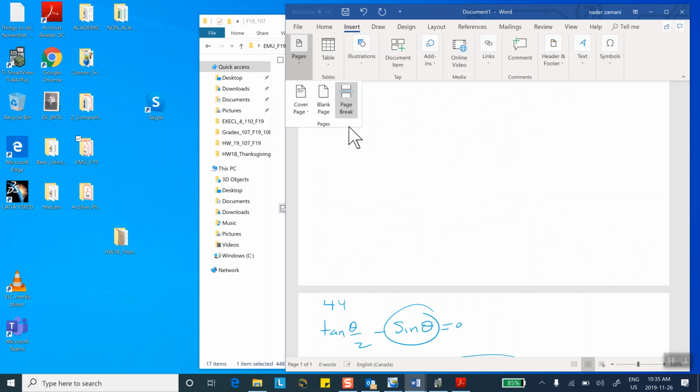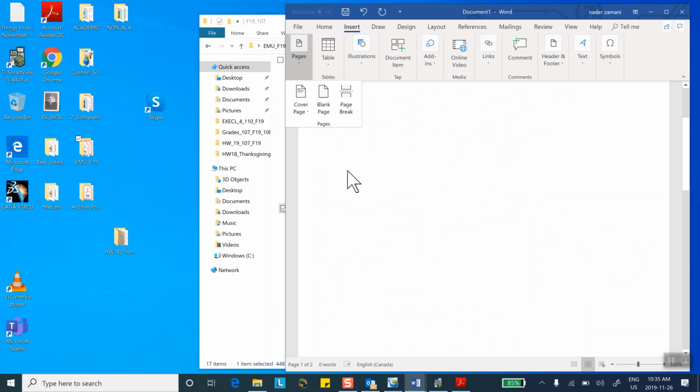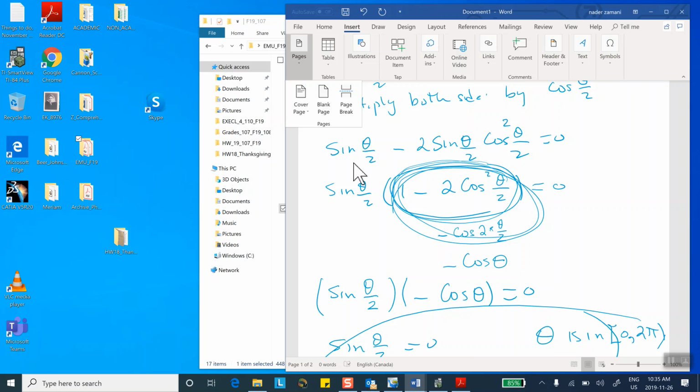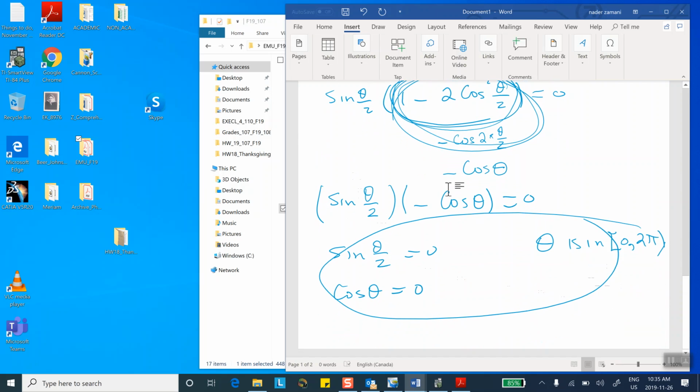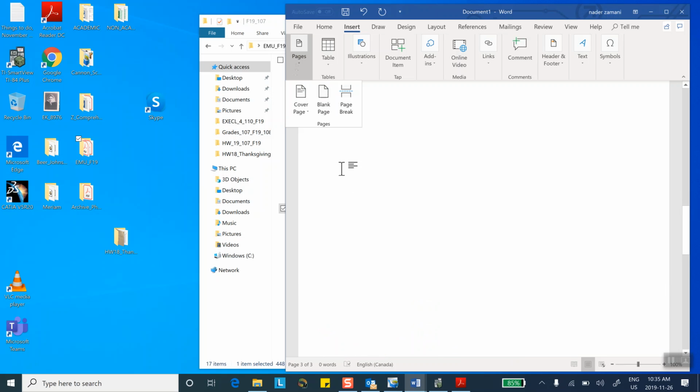Page break. Oh no. Okay. Let me try insert blank page. I didn't have much luck with this blank page. No, still goes up there. Okay, fine. So let's patiently do these problems.